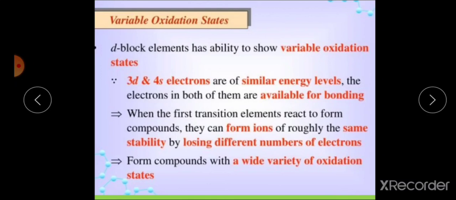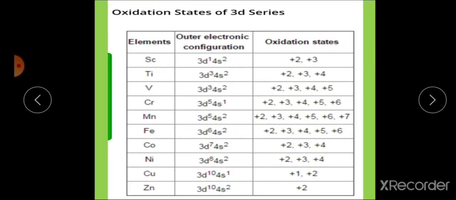As the number of unpaired electrons in 3d orbitals increases, the number of oxidation states also increases. You can see here, as the number of unpaired electrons increases, the oxidation states also increase. For example, manganese has 6 oxidation states: +2, +3, +4, +5, +6 and +7.